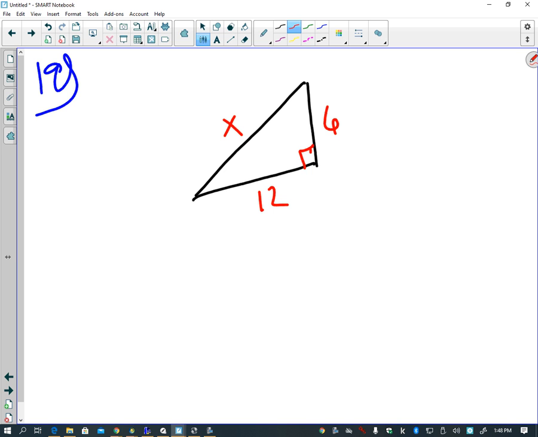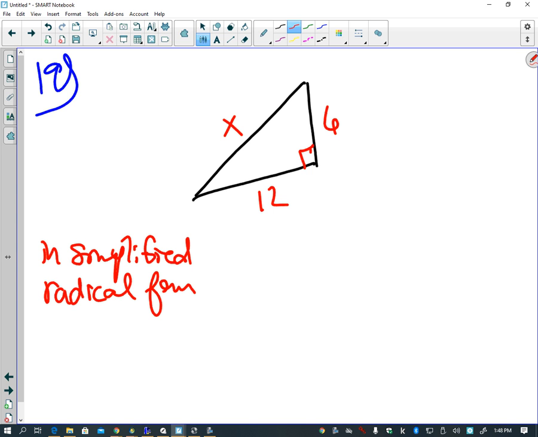This wants your answer in simplified radical form. How do I solve for x? Reagan? Do you remember the Pythagorean theorem?